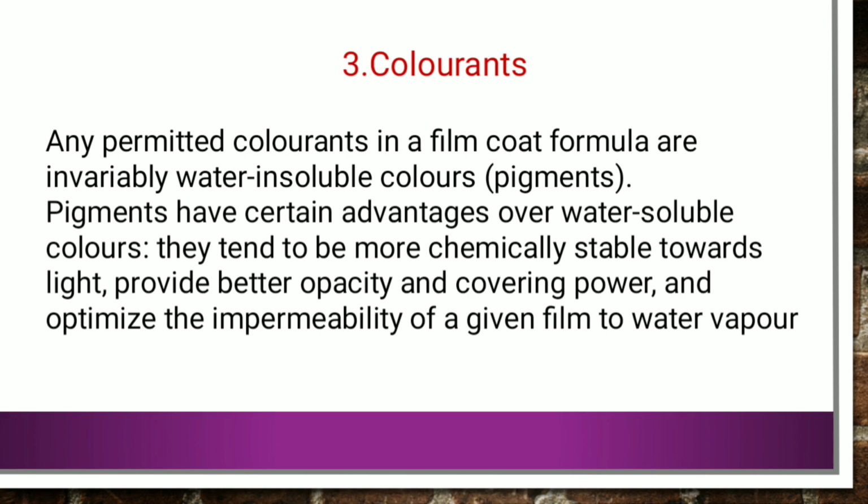They tend to be more chemically stable towards light, provide better opacity and covering power, and optimize the permeability of the given film to water vapor. Then the examples of colorants used are iron oxide pigments, titanium dioxide, aluminum lakes, etc.